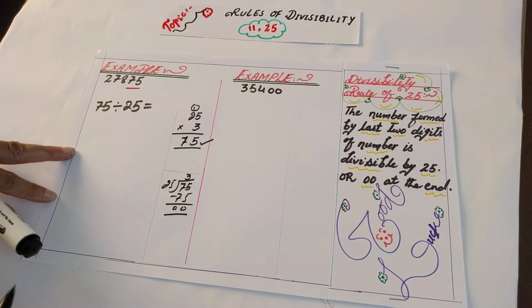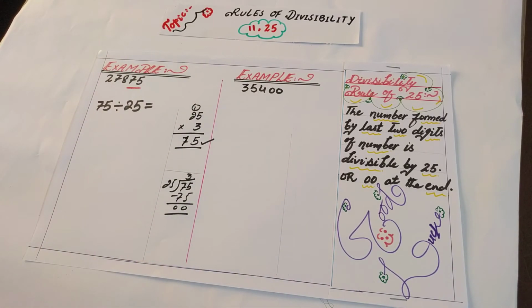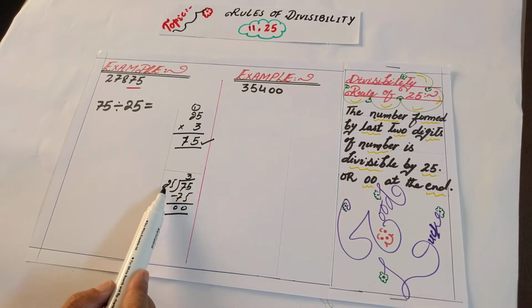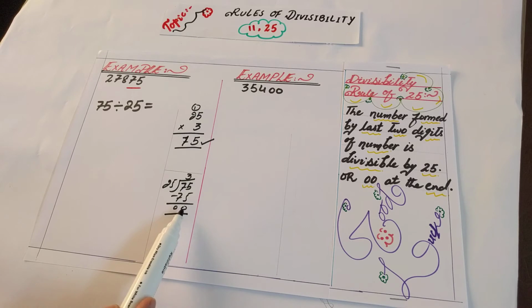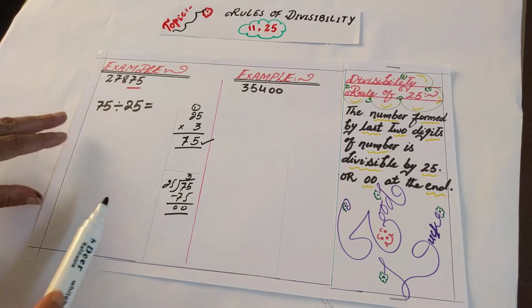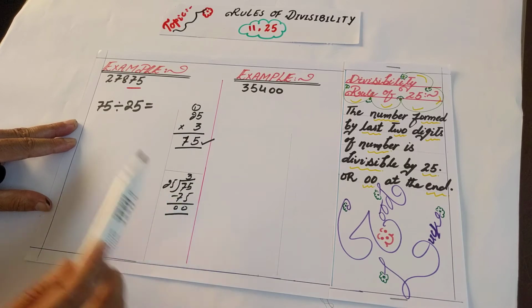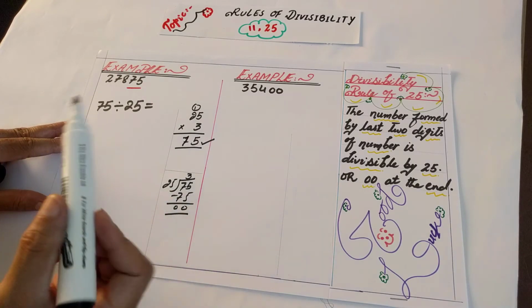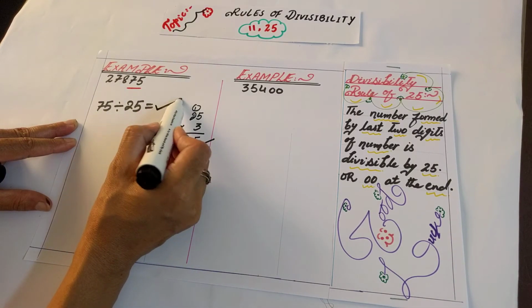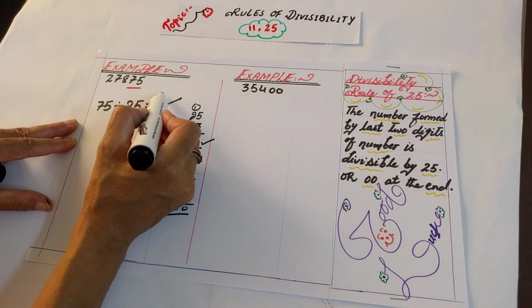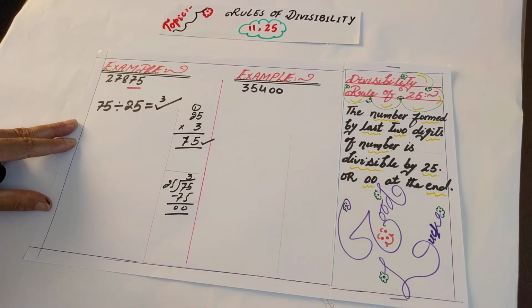Very short calculation. So 75 is completely divisible by 25 without any remainder. This one is the first option, to check the divisibility of 75 by 25, the quotient is 3.